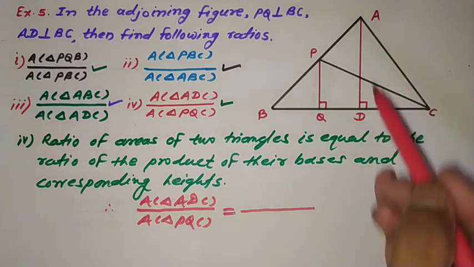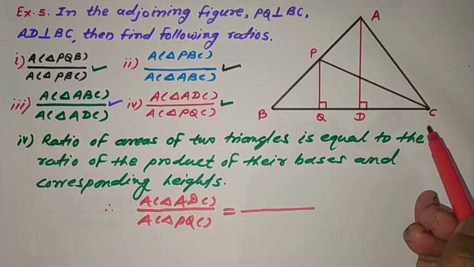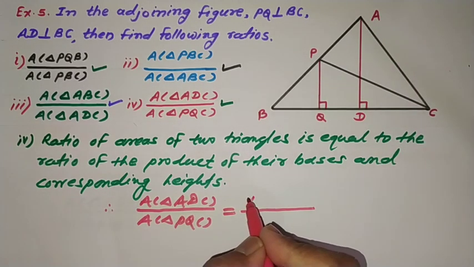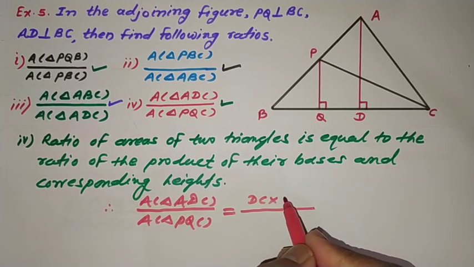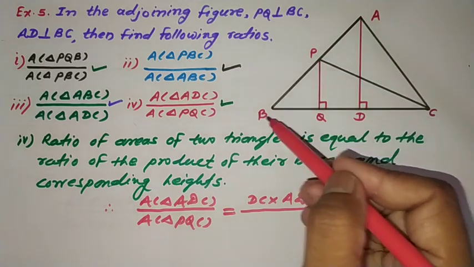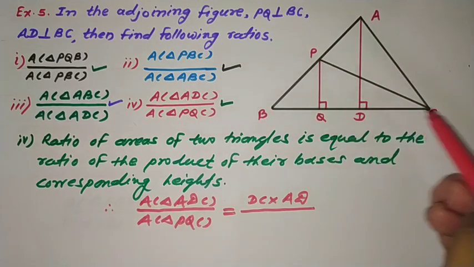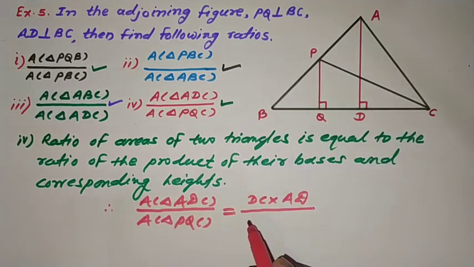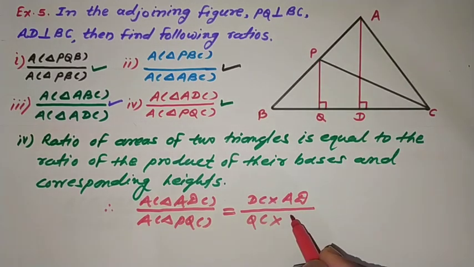Triangle ADC has base DC and height ED, and triangle PQC has base QC and height PQ. In this way, solve the example.